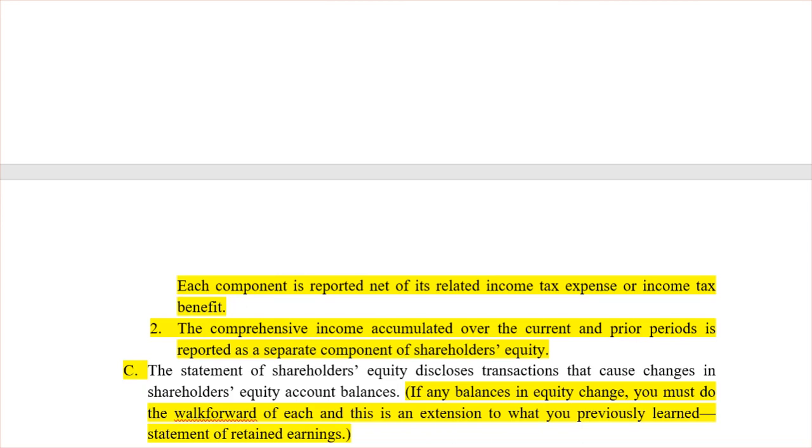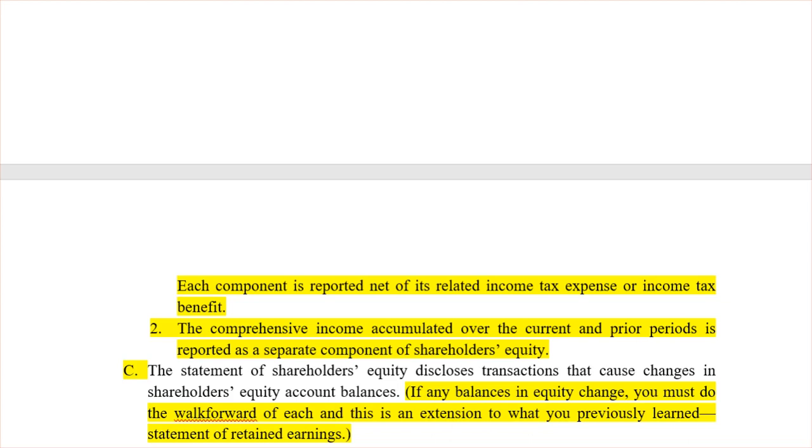Typically the way it's done is to think of it as an Excel spreadsheet, and one column would be for retained earnings changes, one column would be for common stock changes, one column would be for paid-in capital changes for a particular common stock or preferred or whatever.